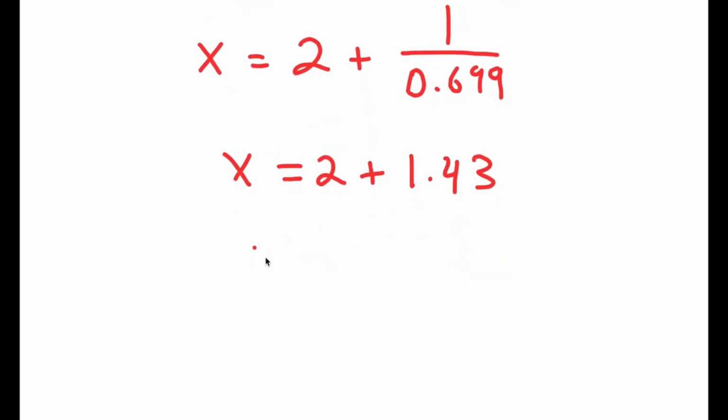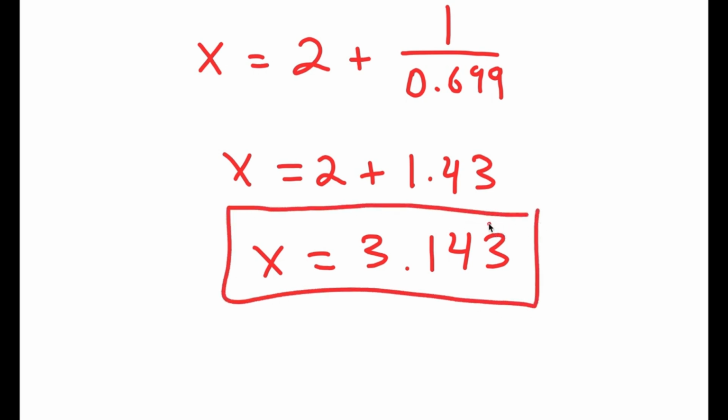So 2 plus 1.43 is 3.143. So I get x is equal to 3.143. And this is my answer to this problem.